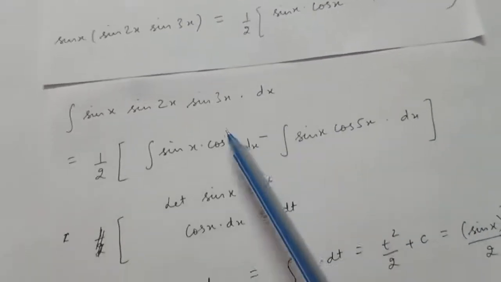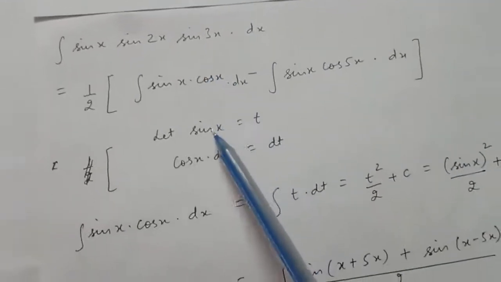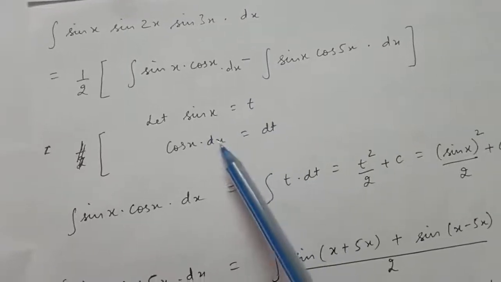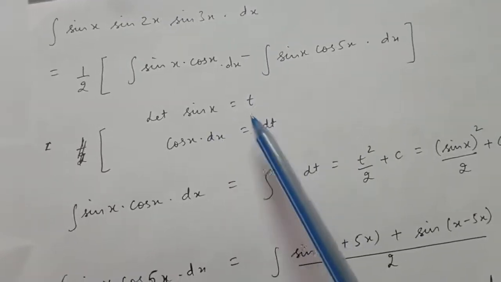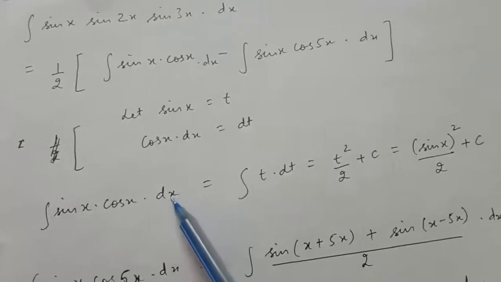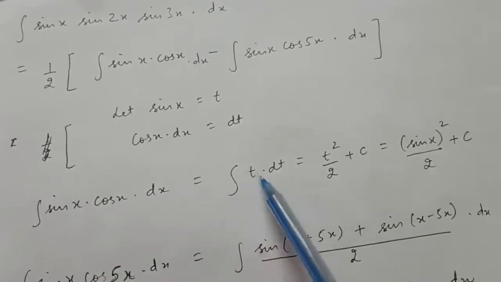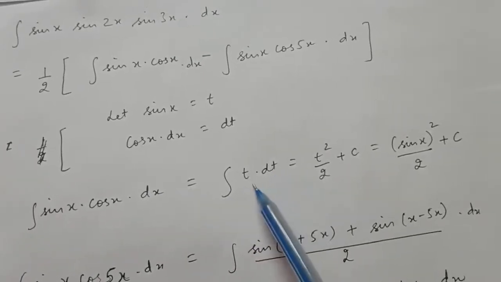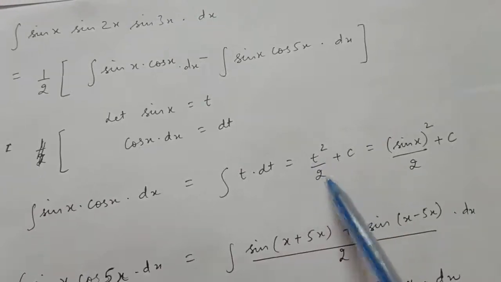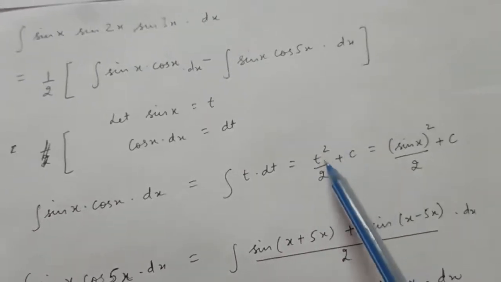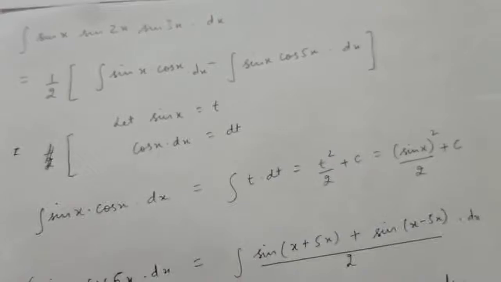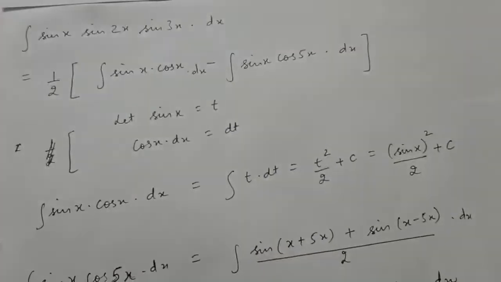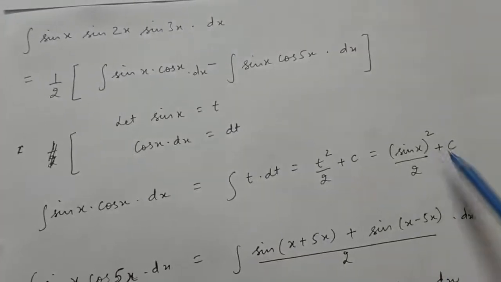Now see, for this integral, let sin x as t, then cos x into dx will be dt. So this integral will now become integral of t into dt. Integral of t is t square by 2 plus c, and in place of t again put this sin x. So you will get sin square x upon 2 plus c.